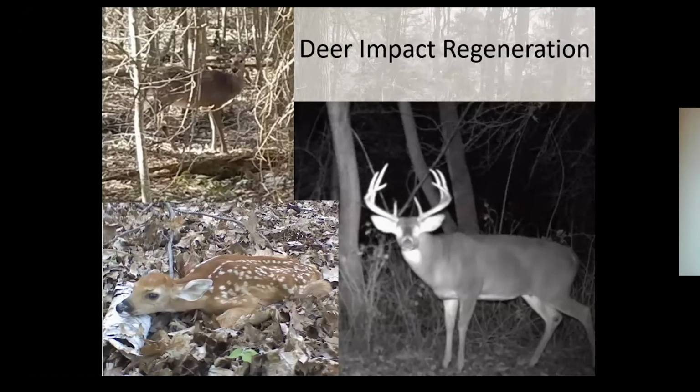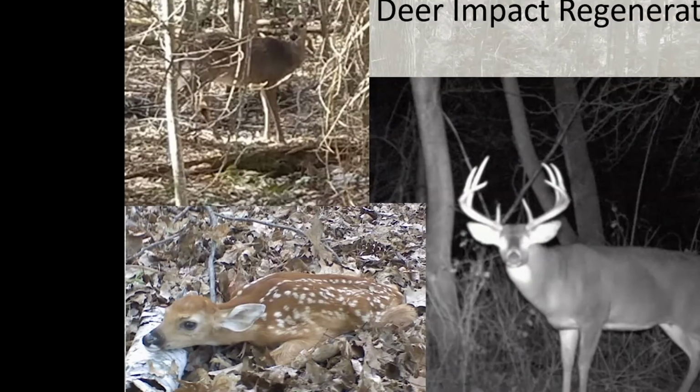Another big impact to that regeneration is the impact of deer. They can be cute, they can be fun to hunt, but they are one of the biggest threats to regeneration within our forests. A deer can come in and eat hundreds of little tiny buds off the tops of seedlings in one single night, and if you clip off that one terminal bud off of a seedling, that oftentimes is going to prevent that seedling from ever becoming a mature tree.